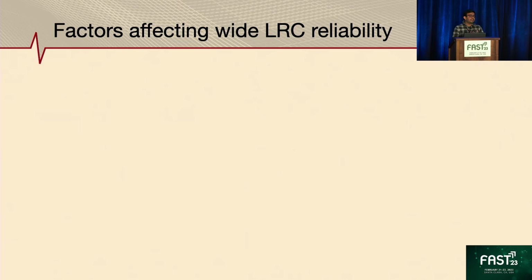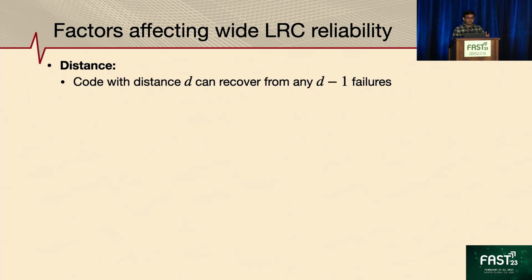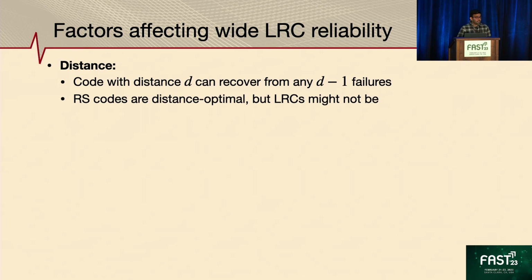Now, there are several factors affecting wide LRC reliability, and it's not very straightforward to deploy in practice. The first concern is the distance of the code. What do I mean by distance? A code with distance d can recover from any adversarial d-1 failures. Reed-Solomon codes are distance optimal, meaning they have the best distance for the parameters.